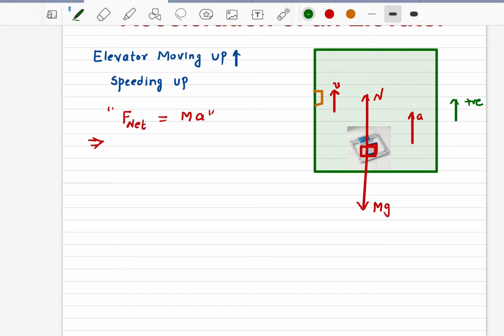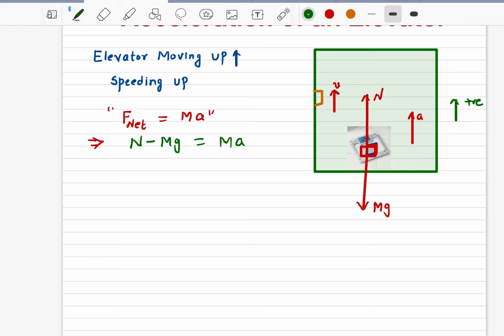So the normal force here is positive because it is in the upward direction. Then negative mg would be negative because it is in the downward direction. And then I have mass times acceleration here.